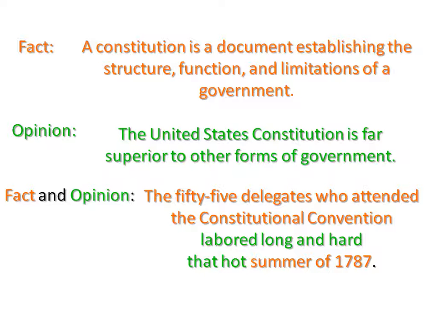Now, the first statement is a type of definition, a fact that can be verified. The second statement begins like a definition, but it really only offers an opinion based on a comparison. That's like comparing the United States Constitution to the Constitution of other countries, a comparison.